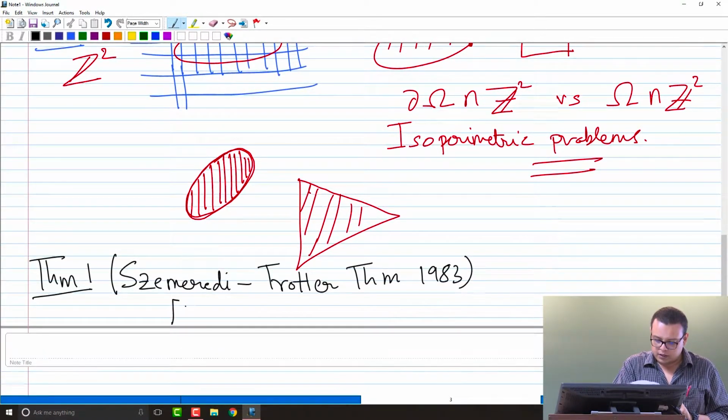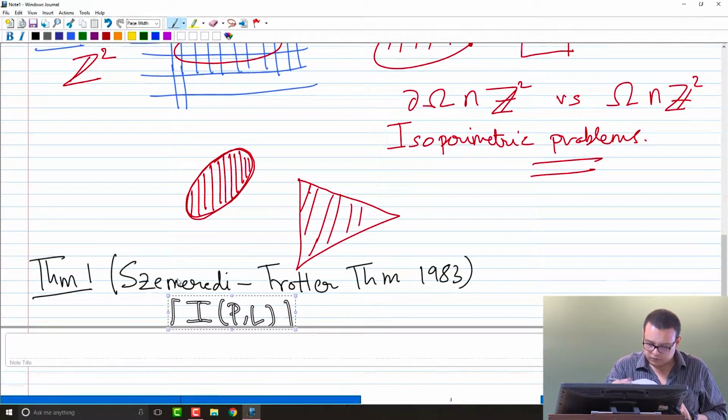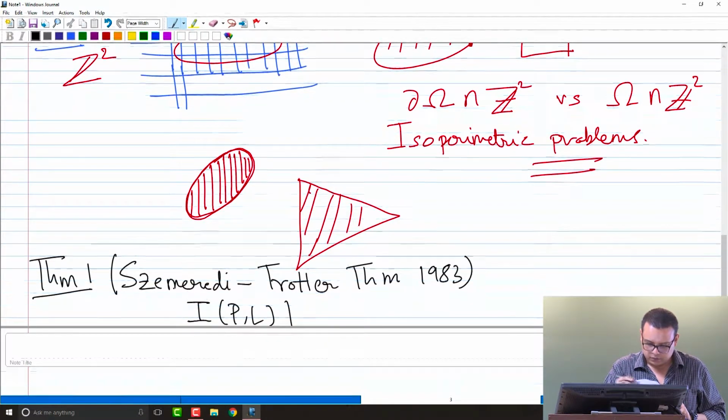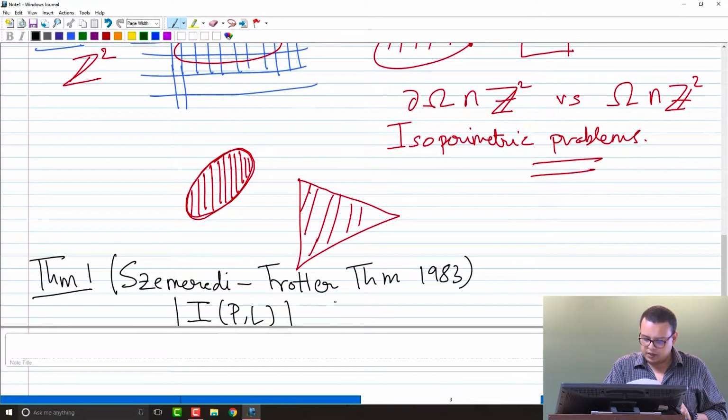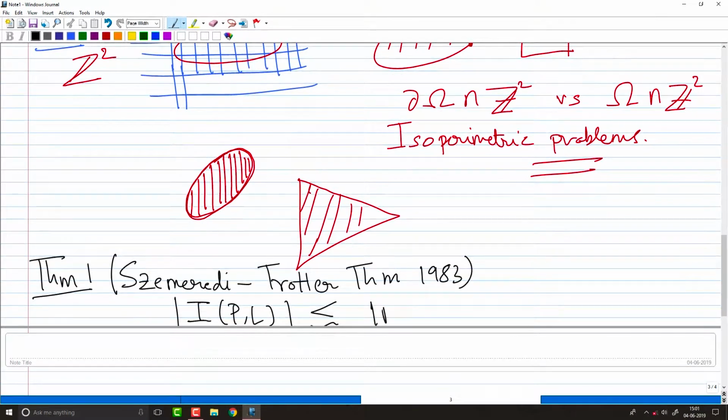They proved that the size of I(P, L) is less than or equal to (|P||L|)^(2/3) + |P| + |L|. When I write like this, this means up to a constant. There is a constant, I do not want to write. Or the other option is to write that this is equal to order of the whole thing. So, this is the estimate.